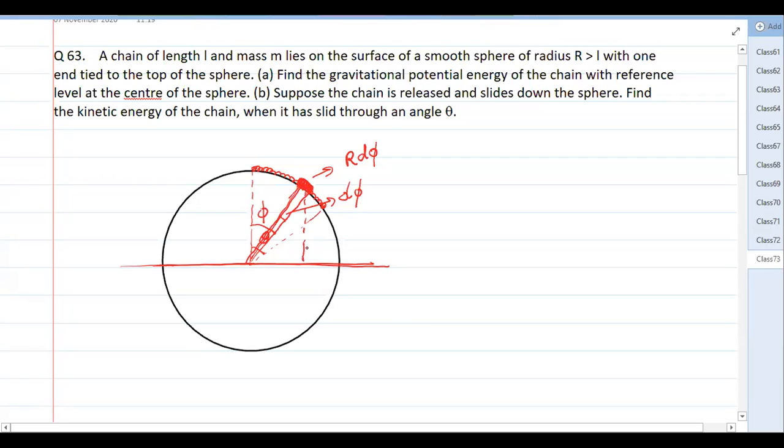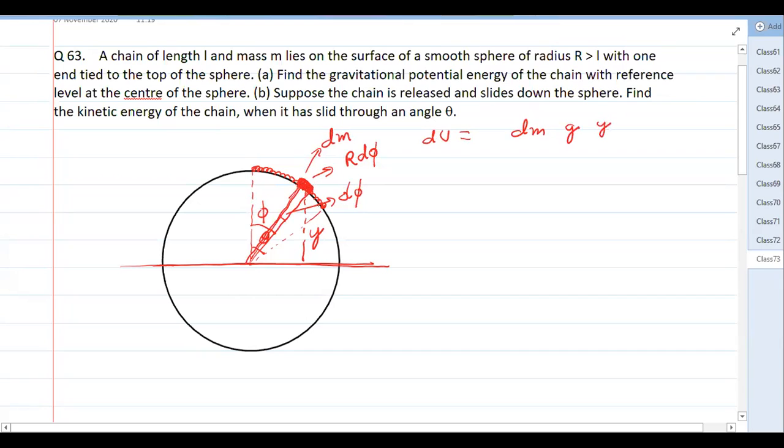This height is y. So potential energy, we can write as dU for that part only. For this part we can write the mass of this part as dm, so dm into g into height y.